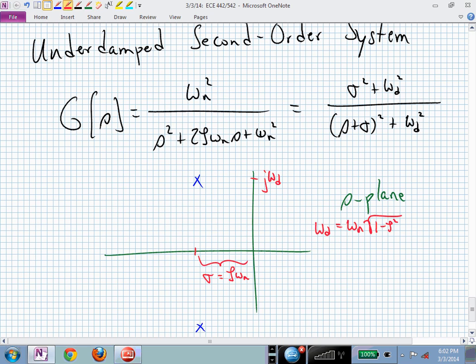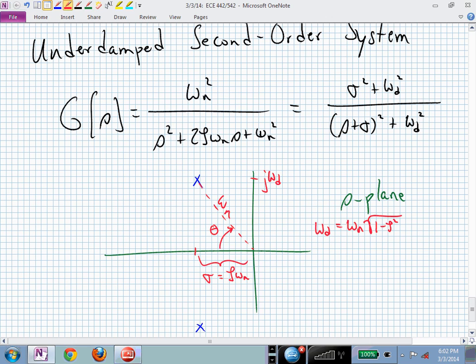And the natural frequency, that's supposed to be a radial line, is the distance between the origin in the S-plane, S equals 0, and that pole location. That's the hypotenuse of this right triangle. It has an adjacent side, and we're going to call this angle theta, which is different from theta sub d.